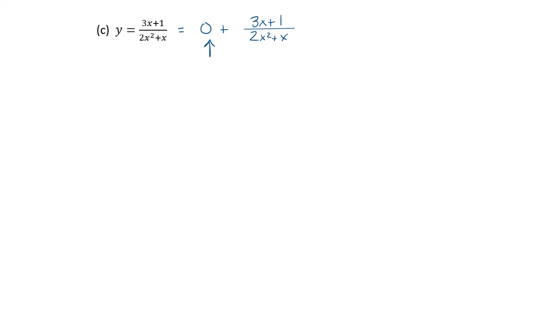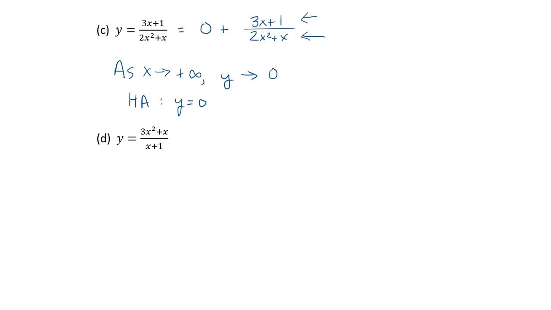As x approaches infinity, the bottom of the fraction is going to grow so much quicker than the top that eventually this approaches 0. Plus the 0 that we already have. So as x approaches positive infinity, y is approaching 0. In other words, our horizontal asymptote is y equals 0.